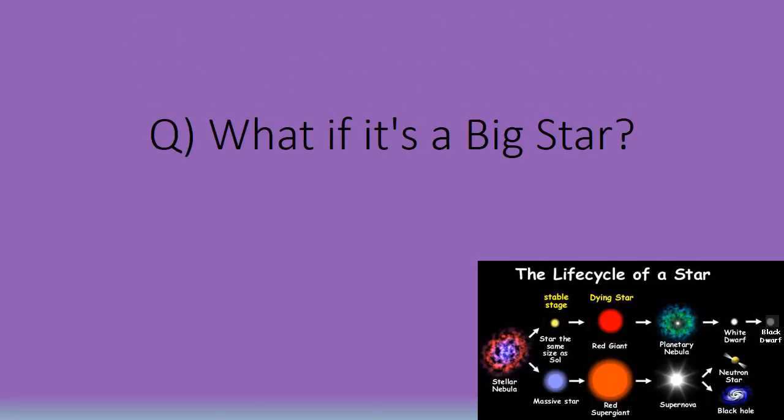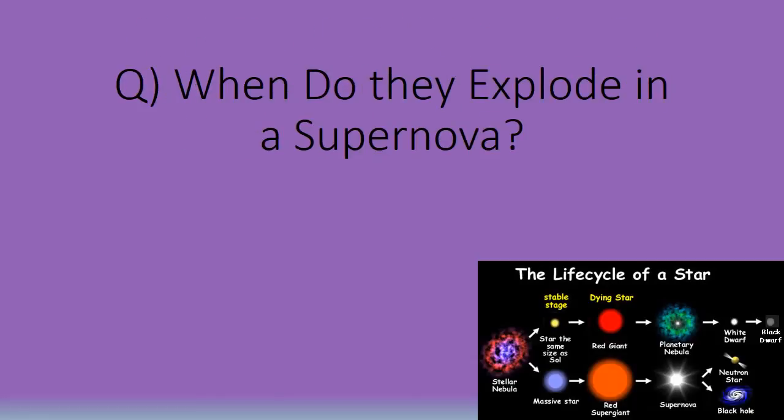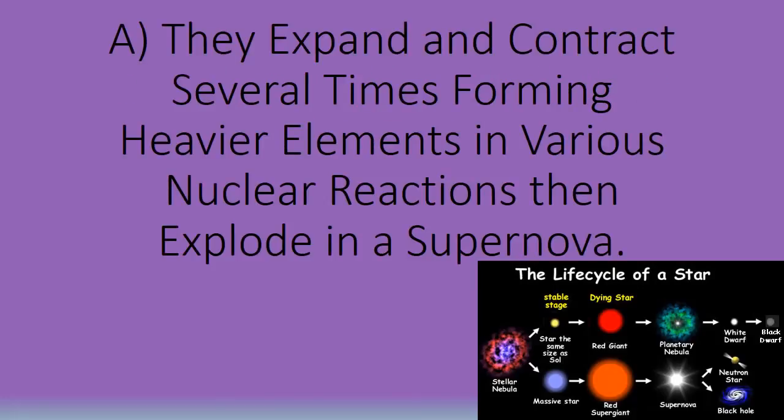What if it's a big star? It forms red supergiants, glowing bright again as they undergo more fusion. When do they explode in a supernova? They expand and contract several times, forming heavier elements in various nuclear reactions, then explode into a supernova.